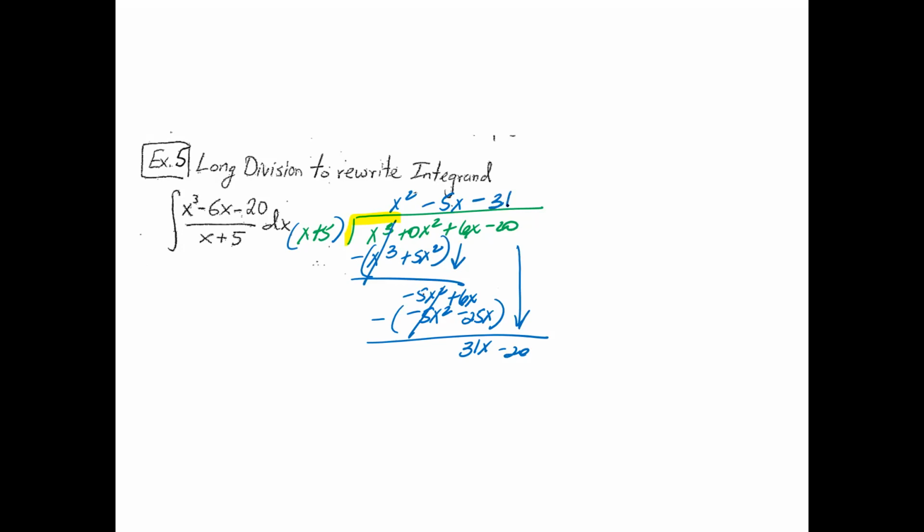Minus 31, distribute that in. You get a negative 31x, or I'm sorry, positive 31x. And 5 times 31 is going to give me 155. Sorry, I'm just checking my math to make sure I'm doing everything correctly.